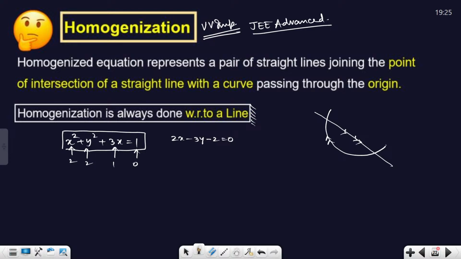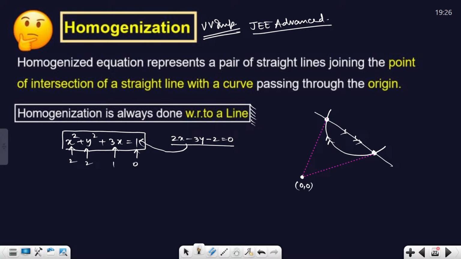See, this line is intersecting the curve at 2 points, this point and this point. If we homogenize this equation with the help of this line, that actually means the pair of lines passing through these 2 points of intersection, and they are meeting at the origin.